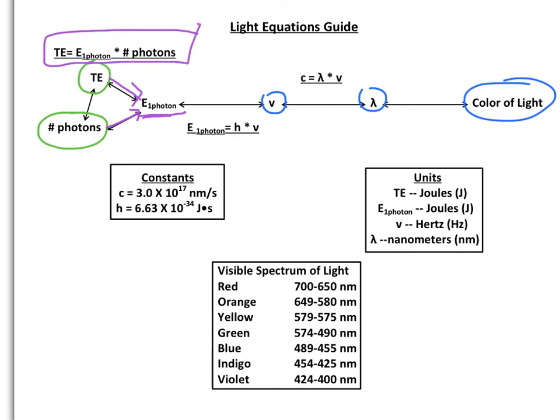Based on that, we were able to plug that into the next formula to find the frequency. And then from there, we plugged the frequency into the final formula to find the wavelength. And then based on the wavelength, we were able to determine the color. So this is how you can use all three formulas just to solve one problem and find everything on the light equations guide.